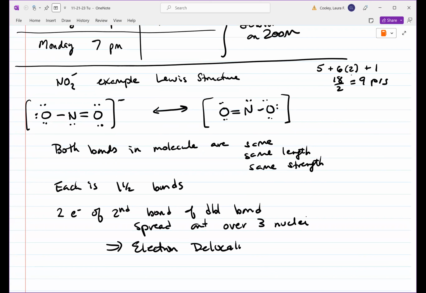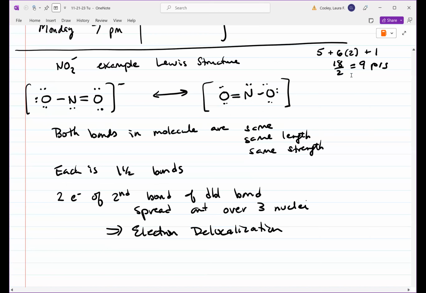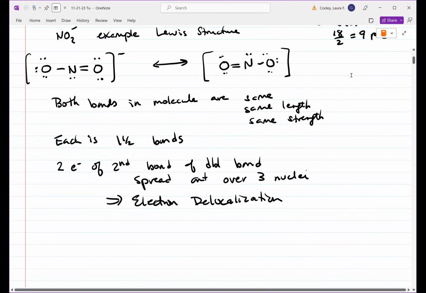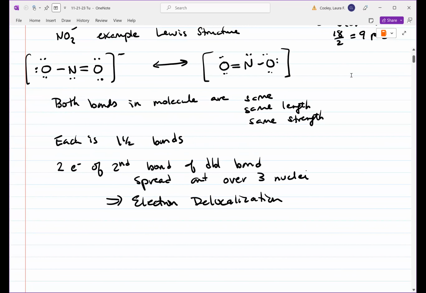You will hear a lot about that if you take organic chemistry, because there's a lot of structures in which this is very important. And there are structures where you don't just have one Lewis structure, but you might have several what we call resonance forms. So these are resonance forms. They're sometimes called resonance hybrids.